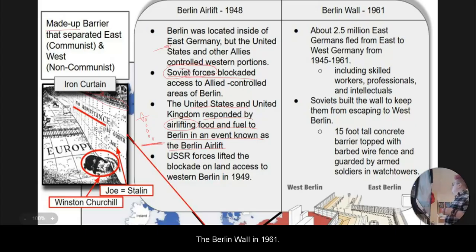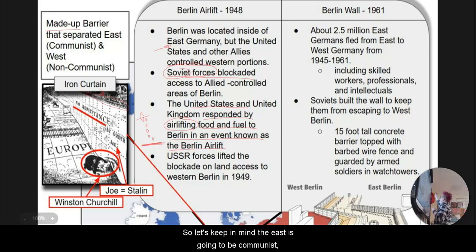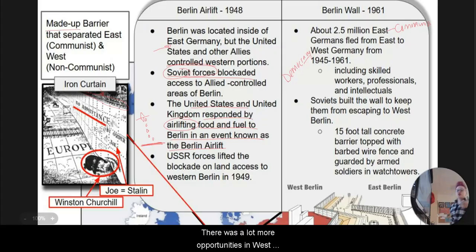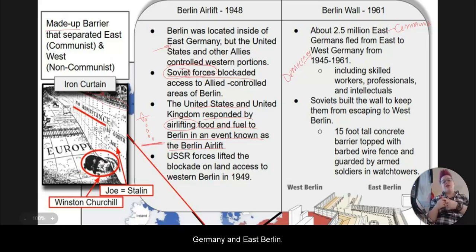The Berlin Wall in 1961. So prior to 1961, about 2.5 million East Germans left the East to go to West Germany. So let's keep in mind, the East is going to be communist. The West is going to be democracy. There was a lot more opportunities in West Germany and West Berlin than there were in East Germany and East Berlin.